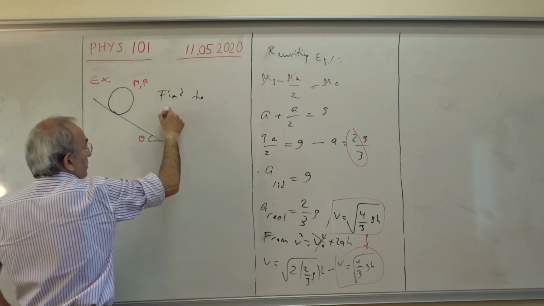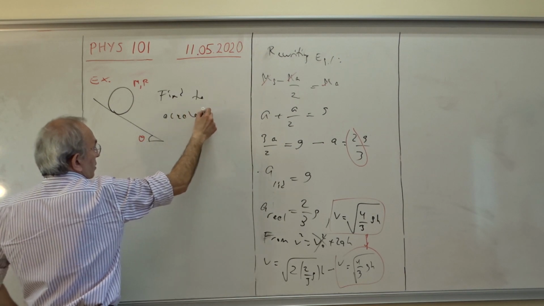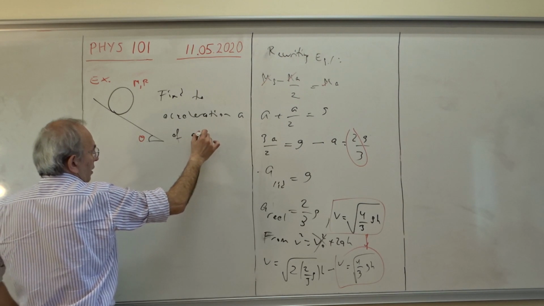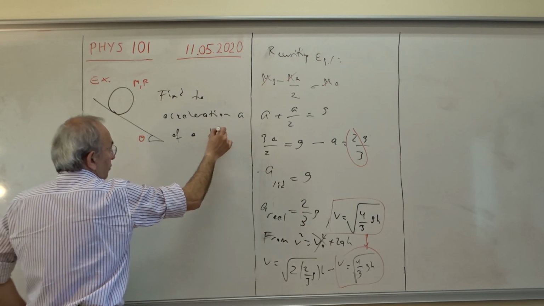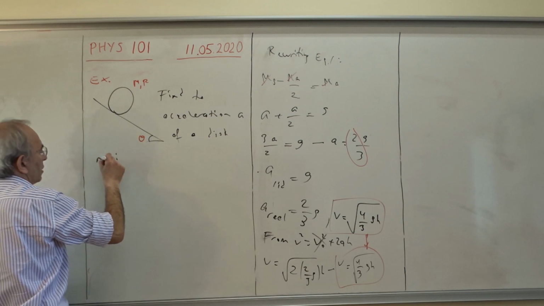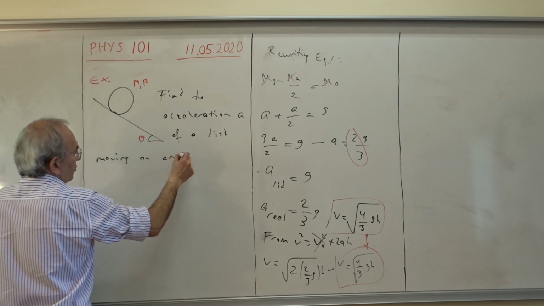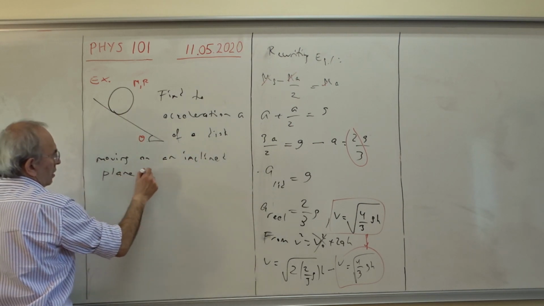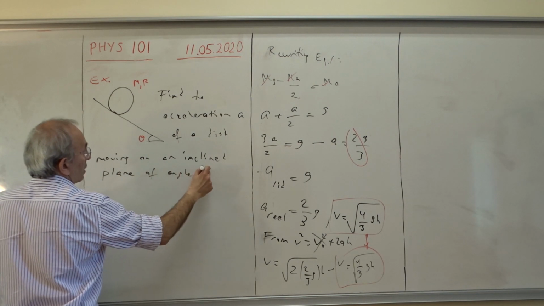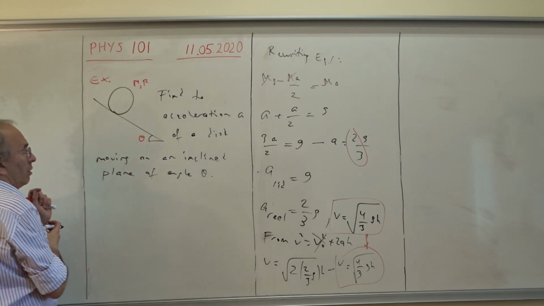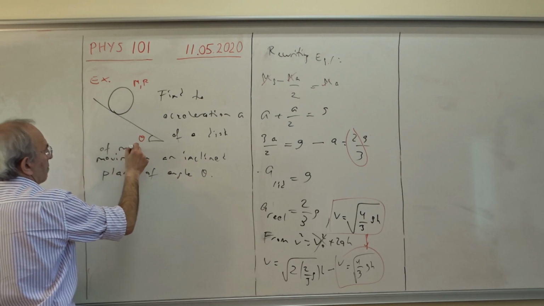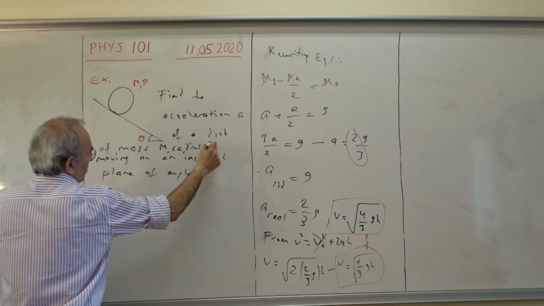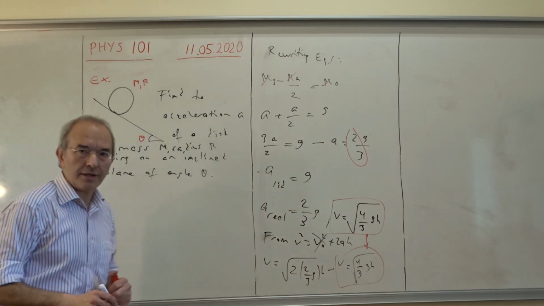Find the acceleration a of a disk moving on an inclined plane of angle theta, of a disk of mass m, radius r, moving on an inclined plane of angle theta.